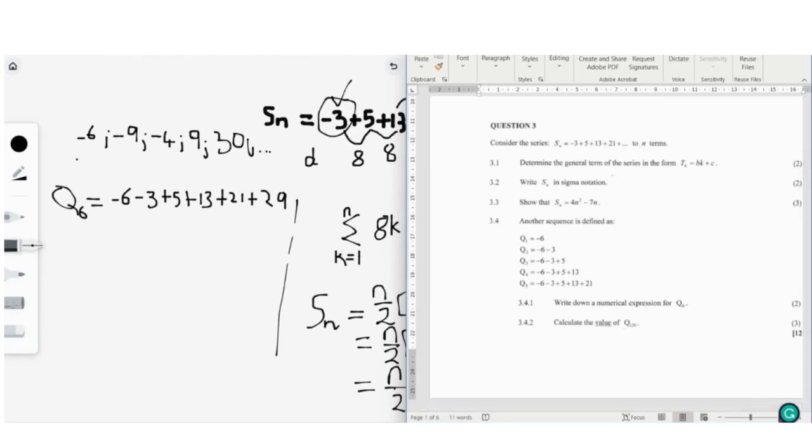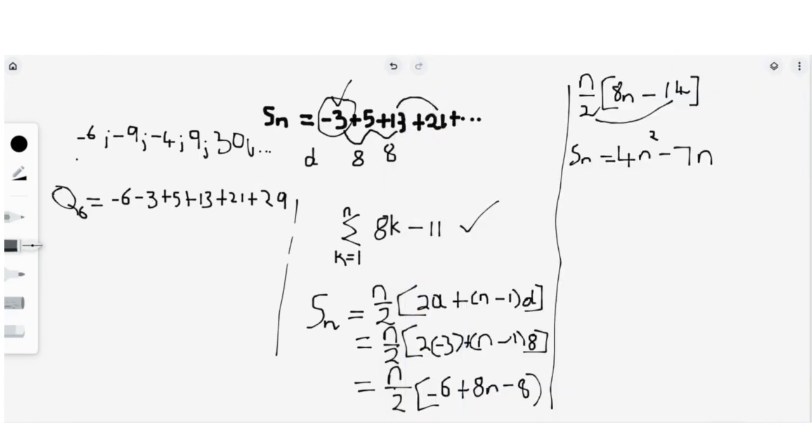Please do notice that these terms here, minus 3 plus 5 plus 13 plus 21, look the same as that original Sn that was given, which we found the general formula of to be this. So it's this without the minus 6.